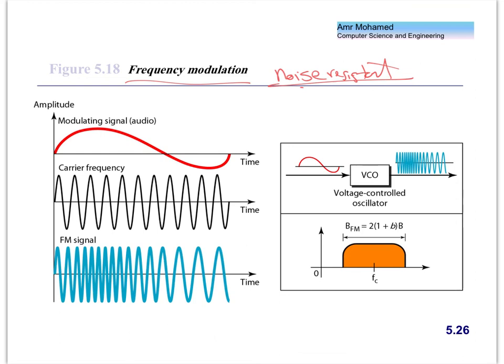For frequency modulation, remember here, it is the frequency, not the amplitude, of the composite signal that is proportional to the amplitude of the input signal. So as the absolute amplitude of the signal goes high, the frequency of the composite signal also gets high. But the composite signal tends to have the same amplitude. So we're not changing the amplitude here, we're changing the frequency.